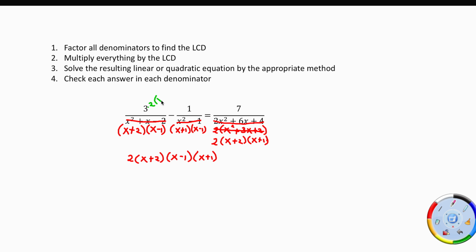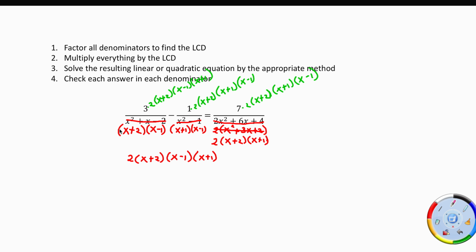Times 2 times x plus 2 times x minus 1 times x plus 1, for each term.